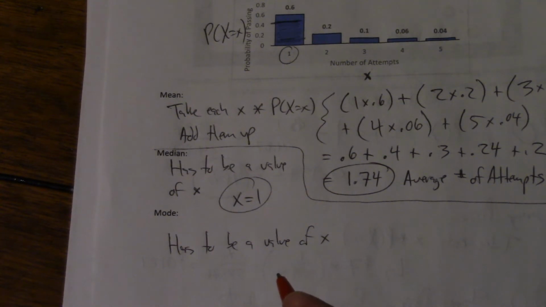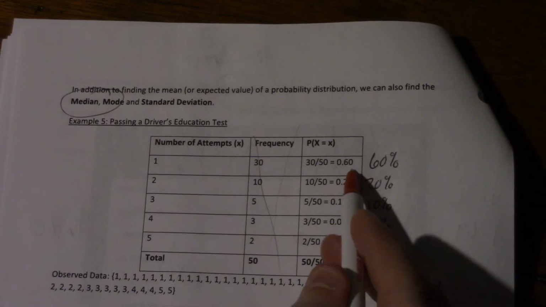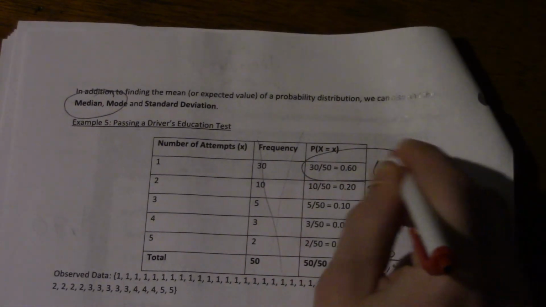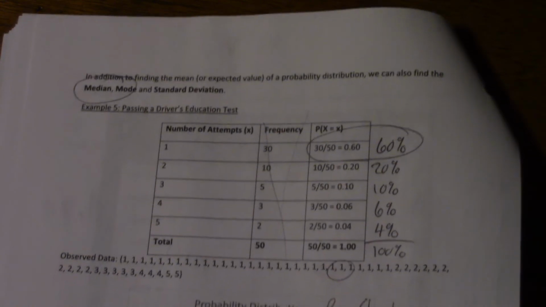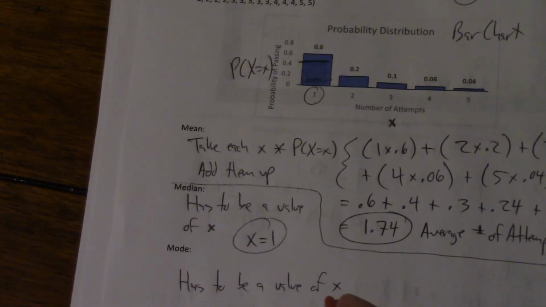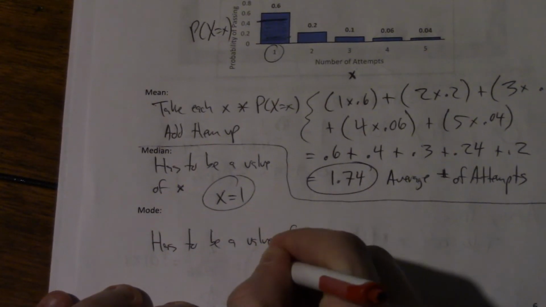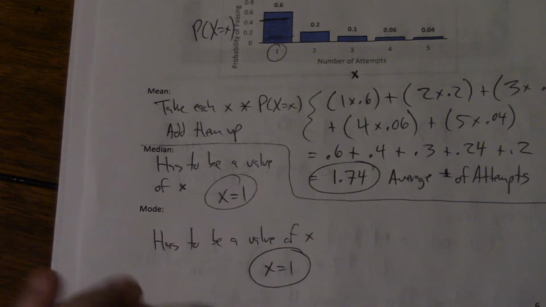Or, in other words, which one has the highest probability of occurring. Well, as we look at the probability distribution, we see that the biggest probability is 60%. The most common number of attempts, the most common little x, is again 1. Most people needed 1 attempt to pass the test. Therefore, that's the mode.